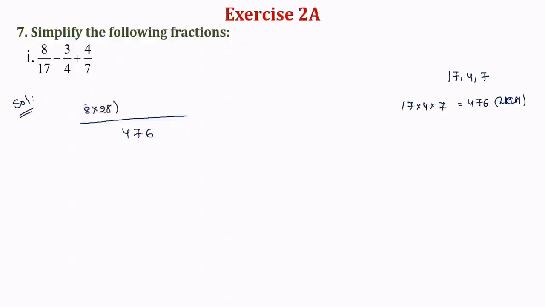So 8 into 28. What is the sign in between those fractions? Minus. We should write minus here. Now try, how many times of 4 is 476 here? Observe here, 17 into 7 into 4 is 476. So 4 into these two numbers is equal to 476. So 17 7s are how much here?